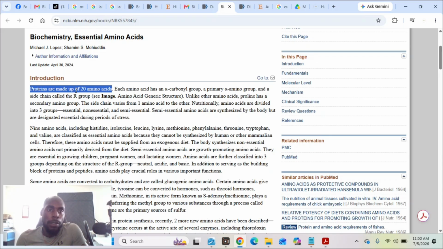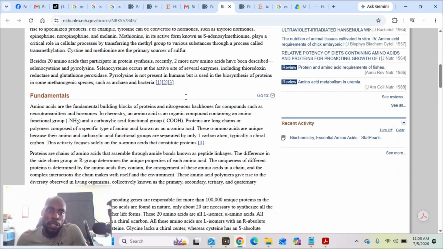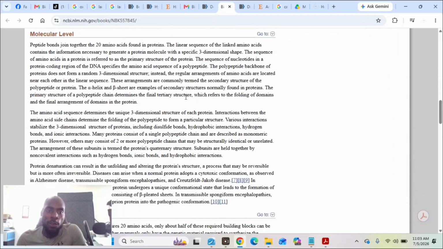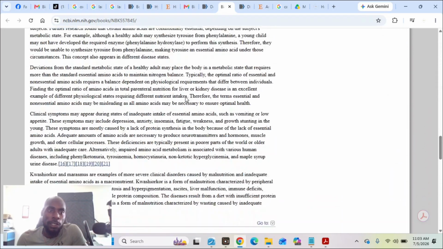Proteins are made up of 20 amino acids. Each amino acid has an α-carboxyl group, a primary α-amino group, and a side chain called the R group. Amino acid generic structure. So we're going to go down to the chart just so everyone can get a good look at it.